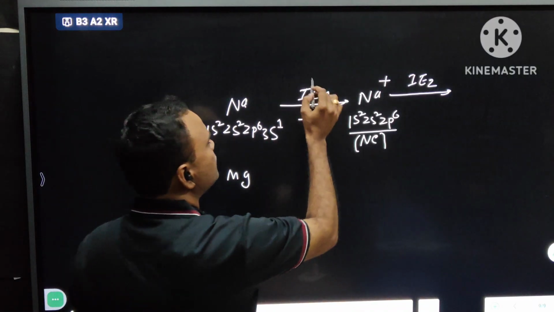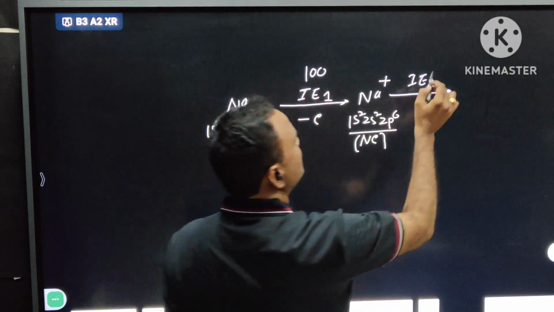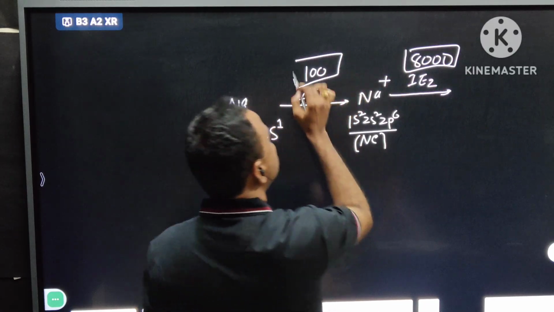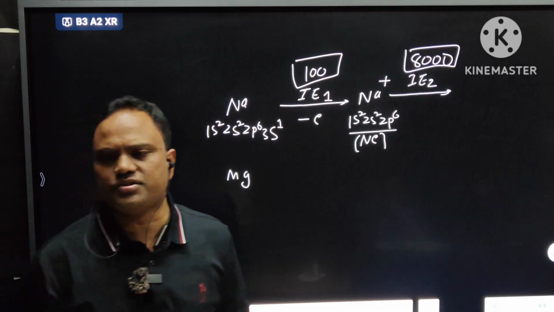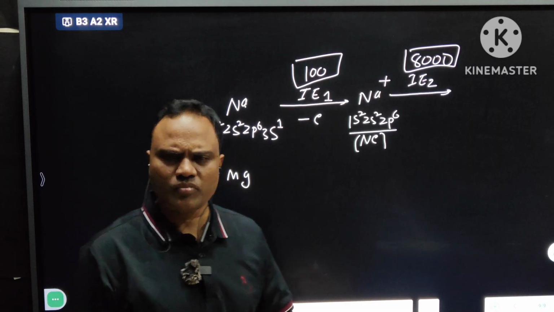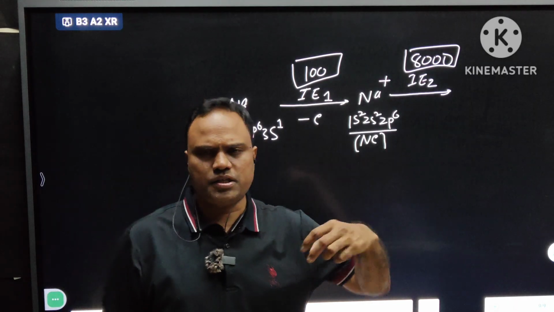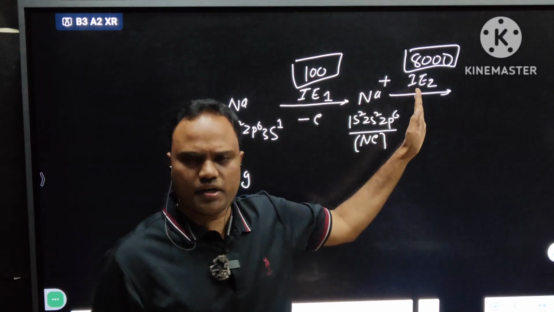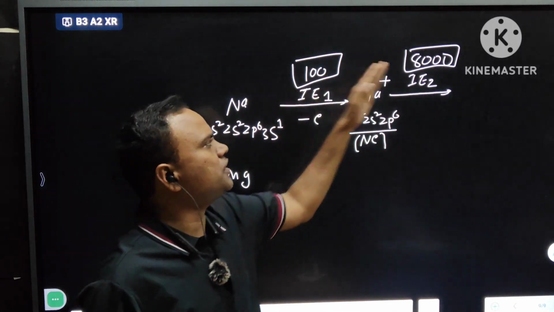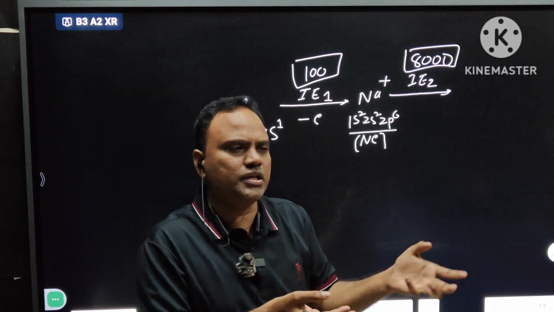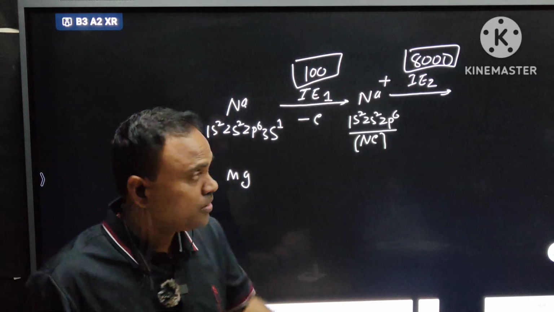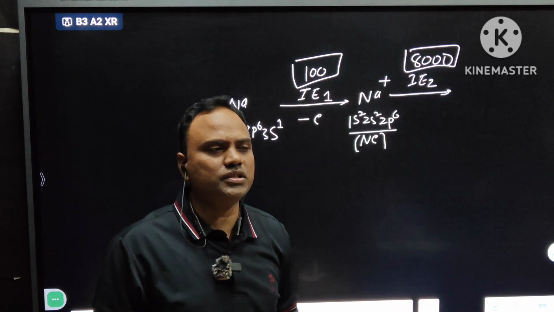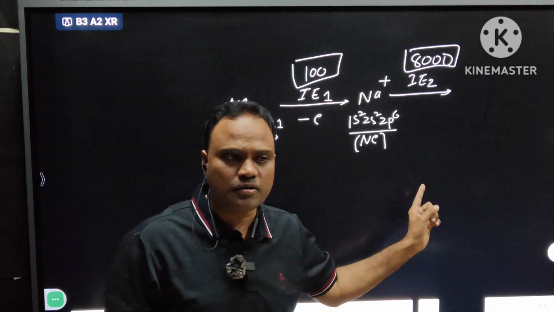For example, if ionization energy is 100, the next ionization energy is 8000. See the difference, a drastic or abrupt increase is taking place. Generally, second ionization energy will be higher only. If this is 100, this is 200 generally. If this is 200, this is 400. Just a 100 increase will take place generally. But why the sudden jump? An unexpected hike in the ionization energy is taking place here.